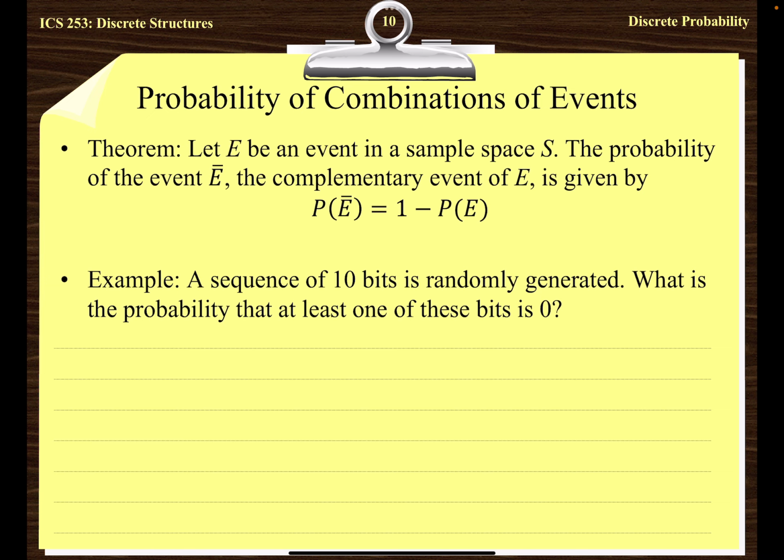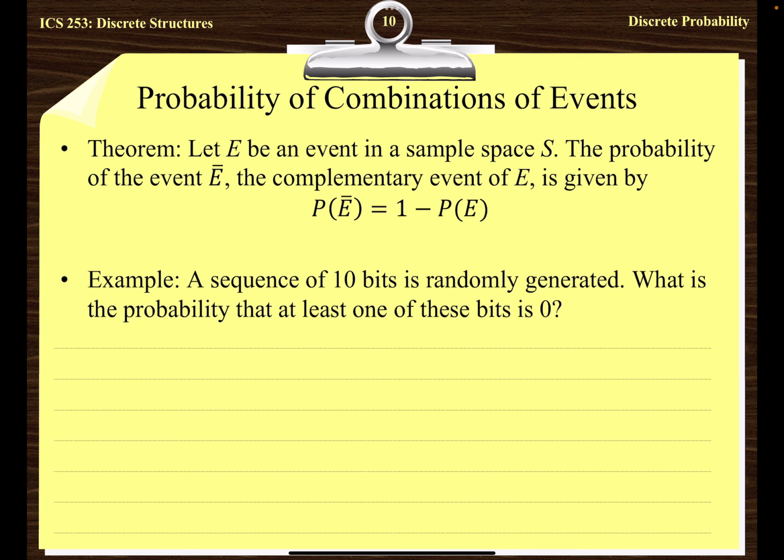And what will be a better example than this example? A sequence of 10 bits is randomly generated. The question says, what is the probability that at least one of these bits is 0? Now, the event E is what? Who's going to tell me what is event E in this case?